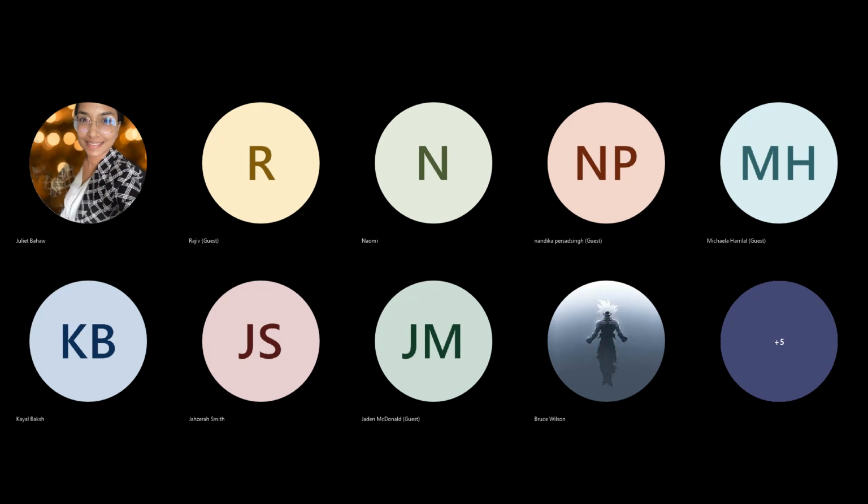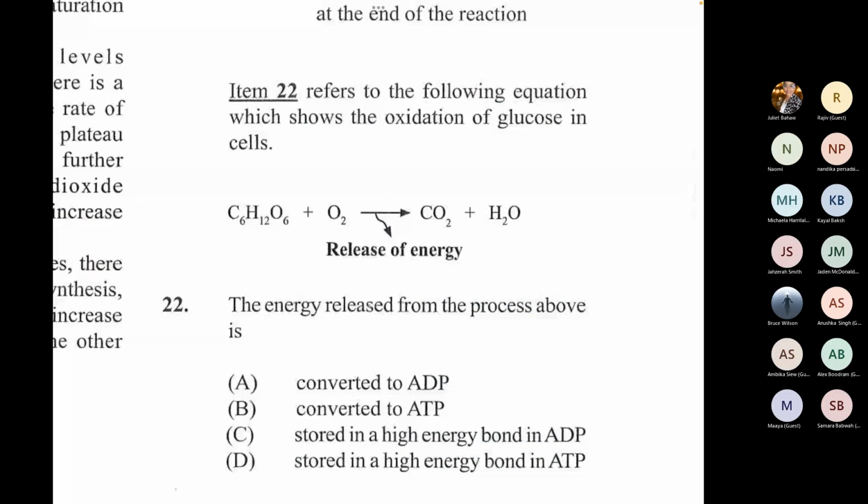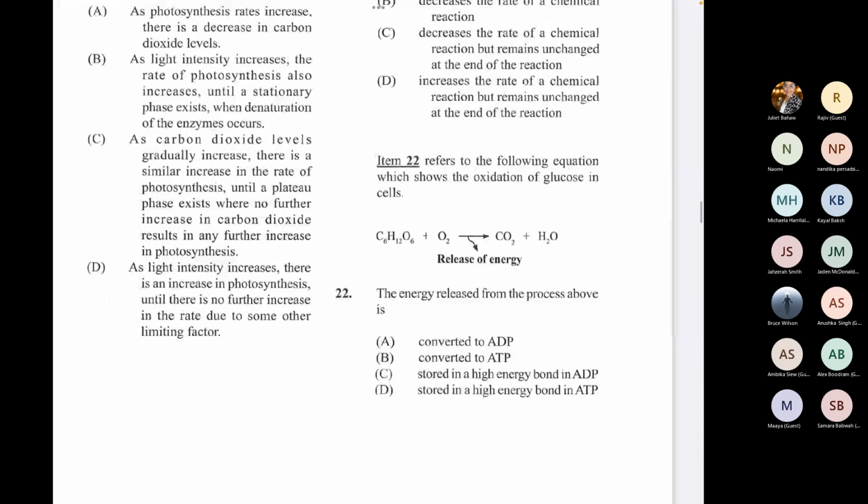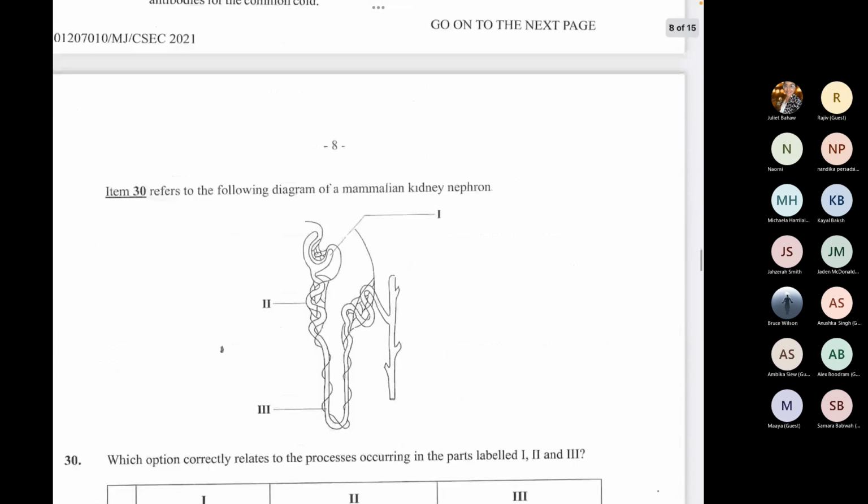So the energy that is being released from aerobic respiration is converted to ATP. Change number 22 to B. When energy is being used, then it is converted to ADP. When they say release of energy, you think it being broken down or being used, but this is it being made from respiration. So it is stored in the ATP. Number 22 is B.